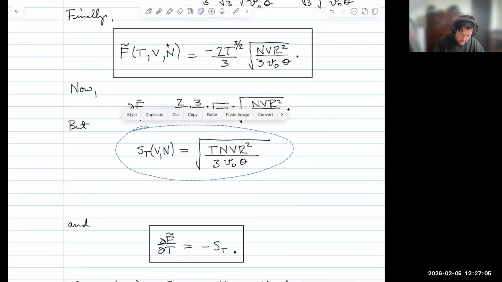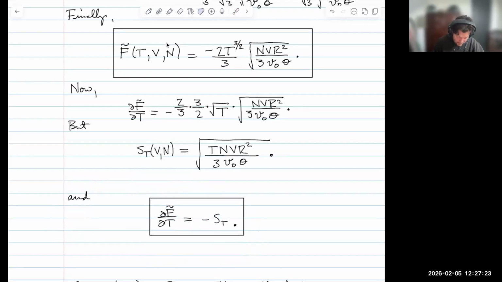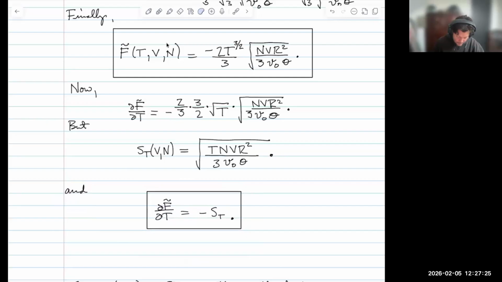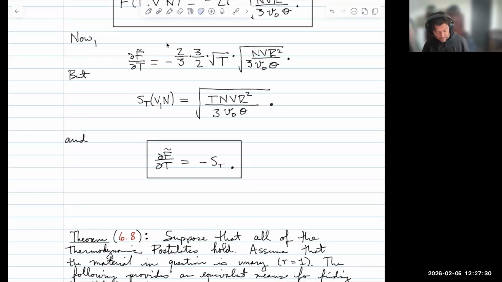Why not use it? And of course, we observe right away, that's just ST. This is just a minus 1. And so we have it right away. Okay, the derivative of F with respect to T is minus ST.